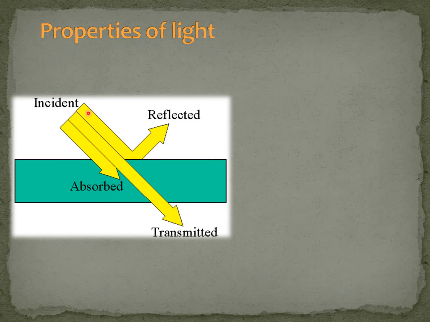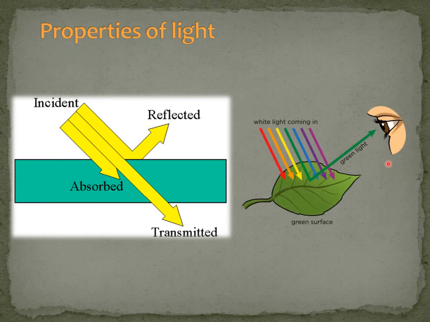In fact, this is an important detail, because the reflection of light over the object is what allows us to see colors in the different objects. So basically, if all the light was reflected by an object, we would see the object as being white. If everything was absorbed by the object, all the wavelengths, we would see it as black.